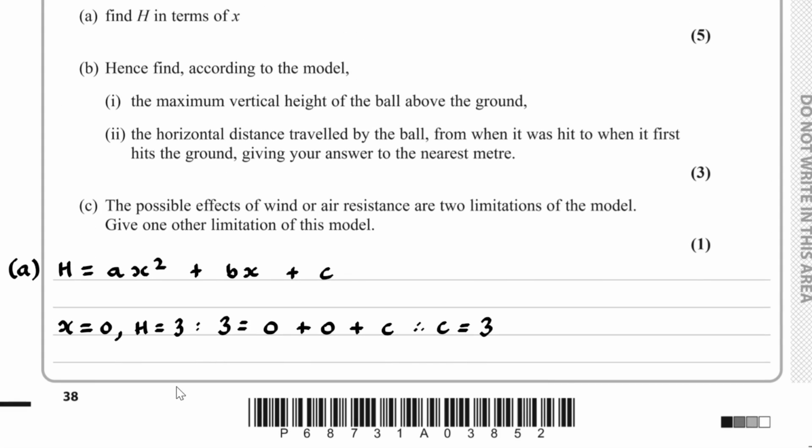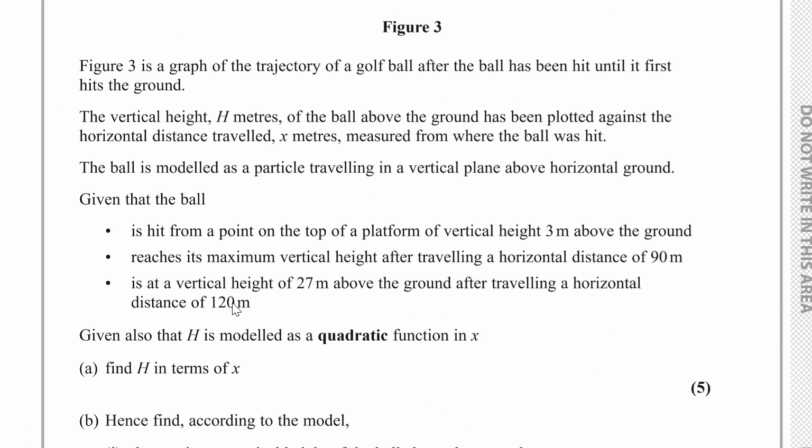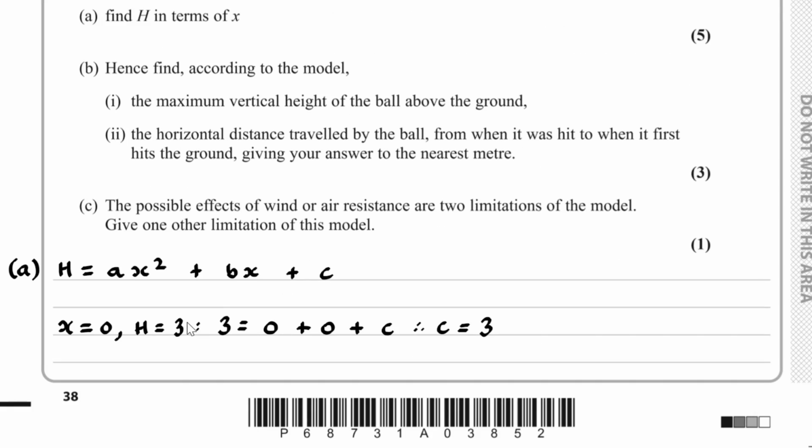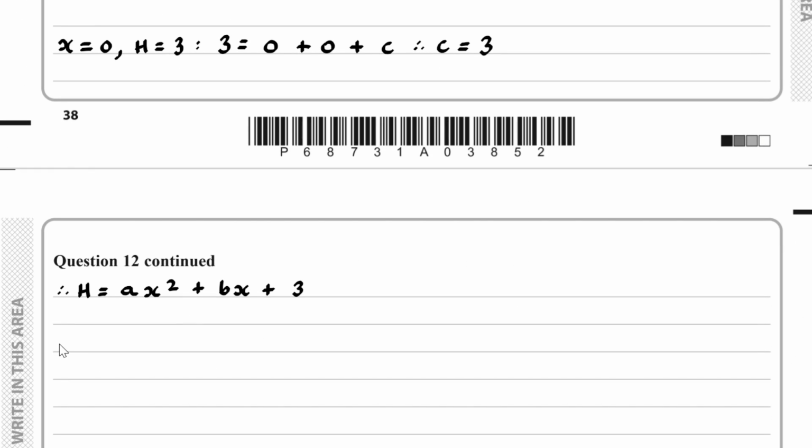Now, we also know that it is at a vertical height of 27 meters above the ground after travelling a horizontal distance of 120. So, when x is equal to 120, h is equal to 27.